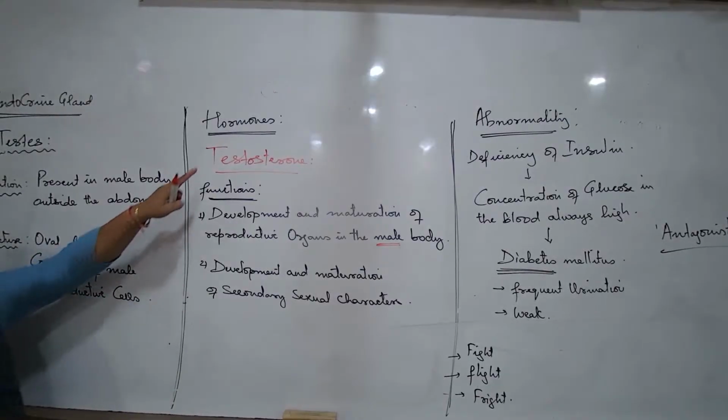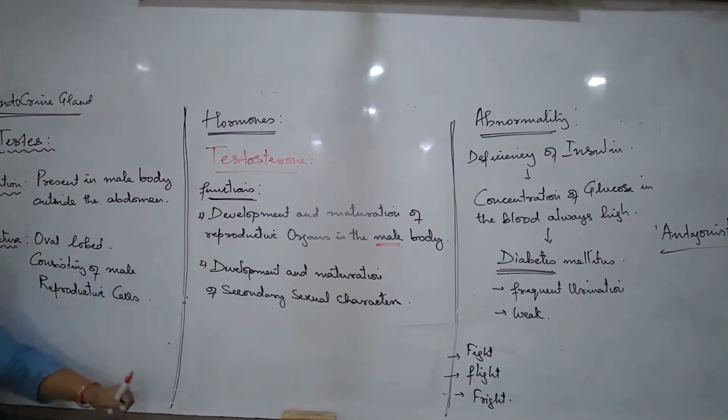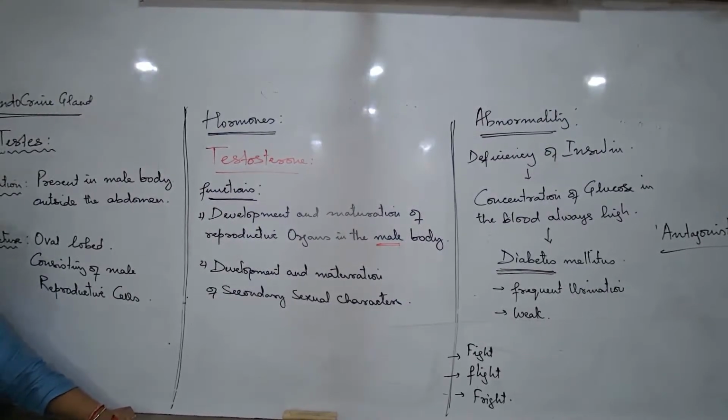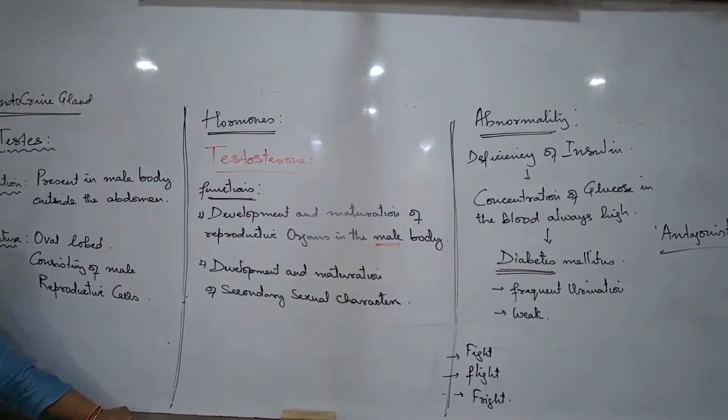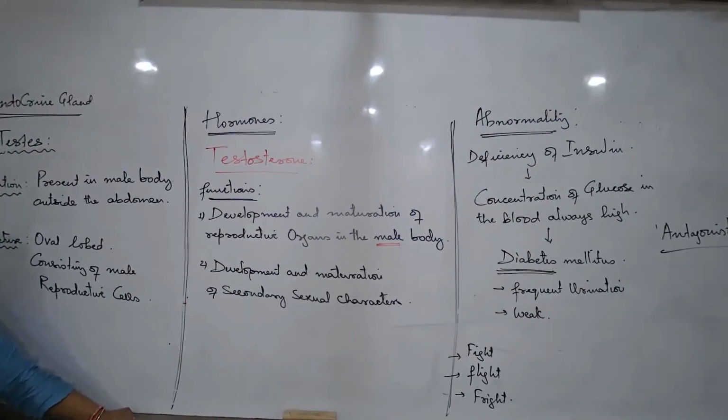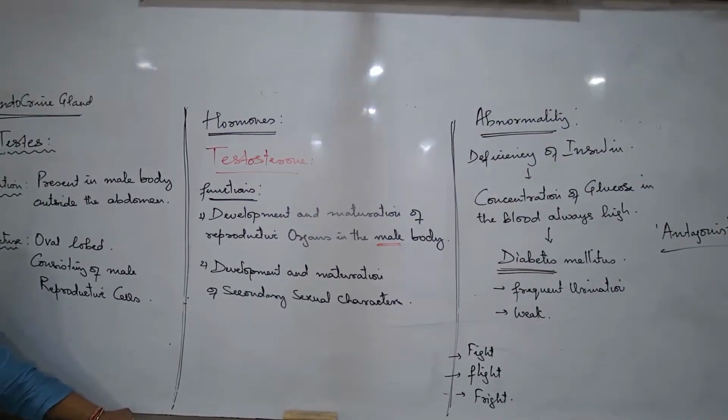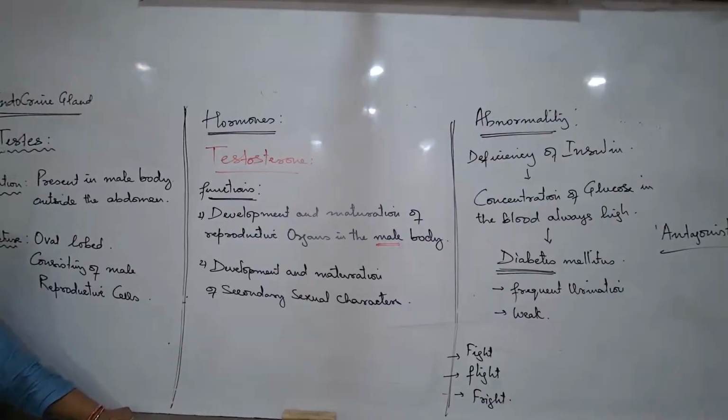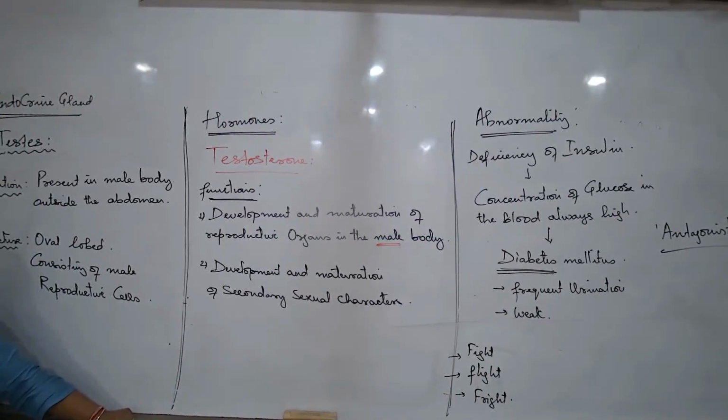Since the male body has testosterone, the male body has profuse body hair. Since the male body has testosterone, the male body has mustache, beard. Since the male body has testosterone, the male body is supposed to have the wider shoulder and the narrow hip.